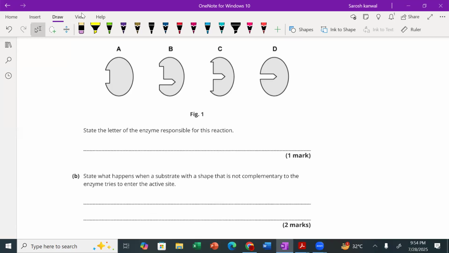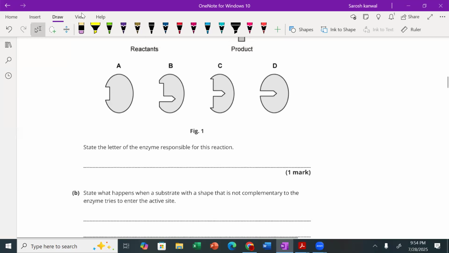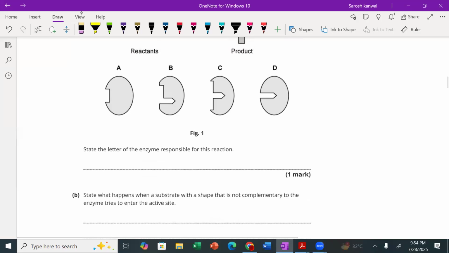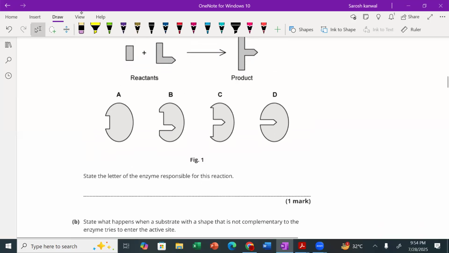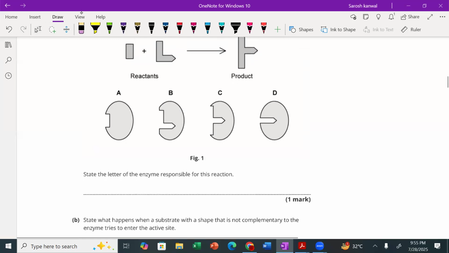Mepsam, according to you, the correct answer is C. That is correct.